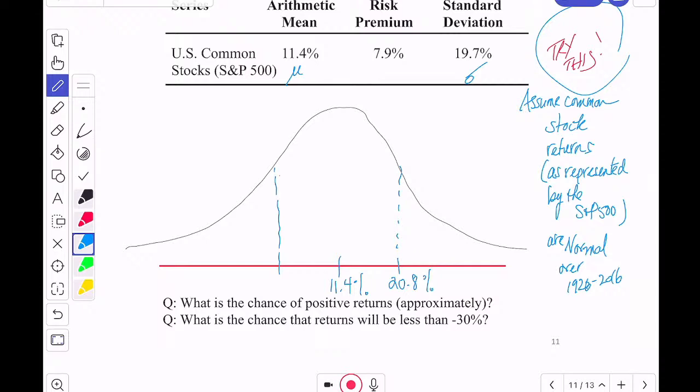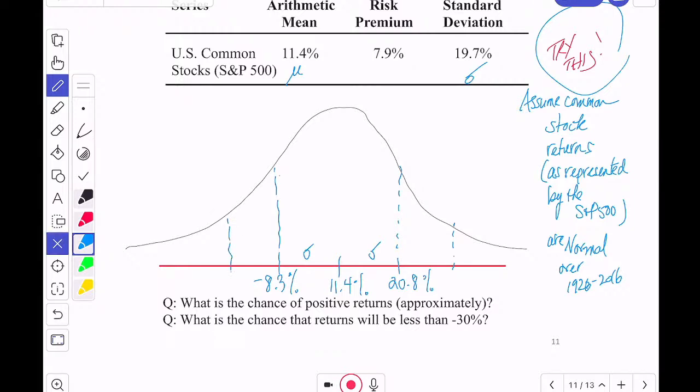And then from 11.4, I'm going to subtract 19.7, and I get negative 8.3. So I went over by sigma, and now do I need to go again to answer the question?